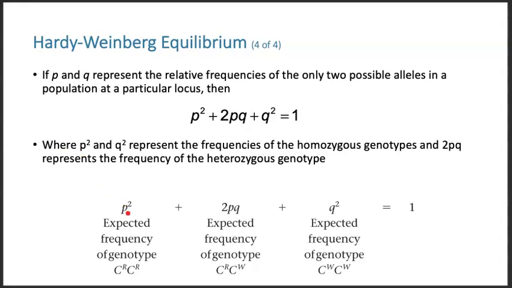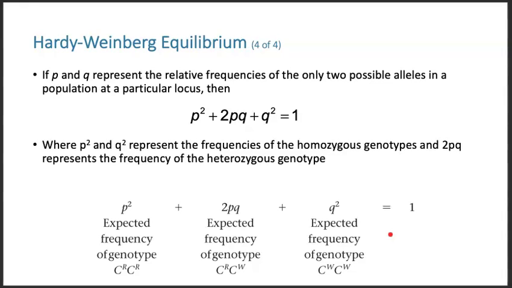Just like we defined p earlier, we're going to define p squared as the expected frequency of the homozygous genotype. I know here it says CRCR, but we're going to say homozygous dominant, because we define p as the frequency of the dominant allele. So p squared is defined as the frequency of the homozygous dominant. 2pq is defined as the expected frequency of the heterozygous.